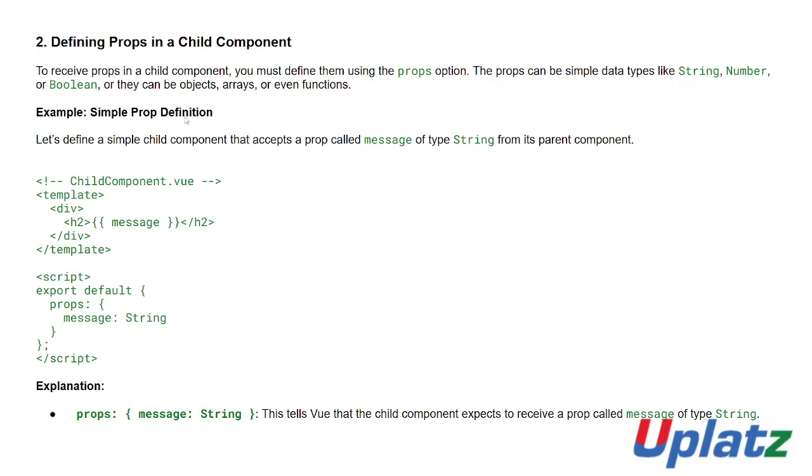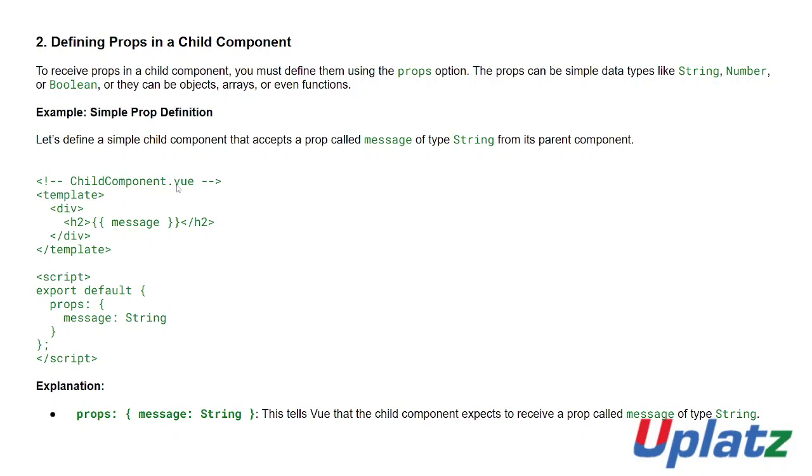Example, simple prop definition. Let's define a simple child component that accepts a prop called message of type string from its parent component.